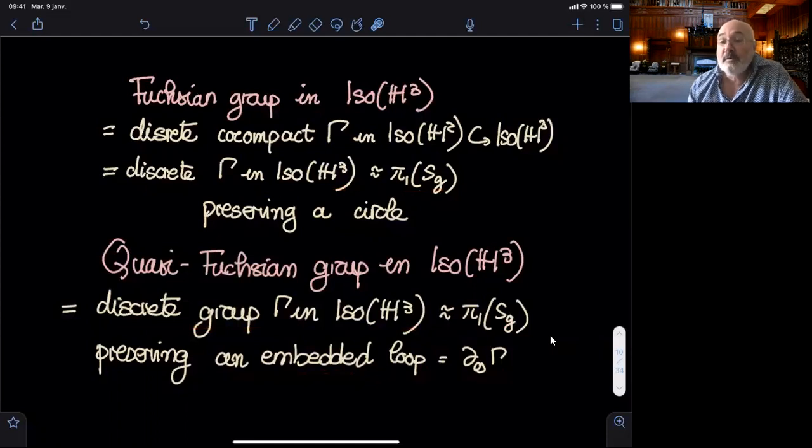This loop is not necessarily a circle. It is usually something very wild, but it's still an embedded loop. I don't want to talk about a circle because I want to think of a circle as this very rigid object in CP1.